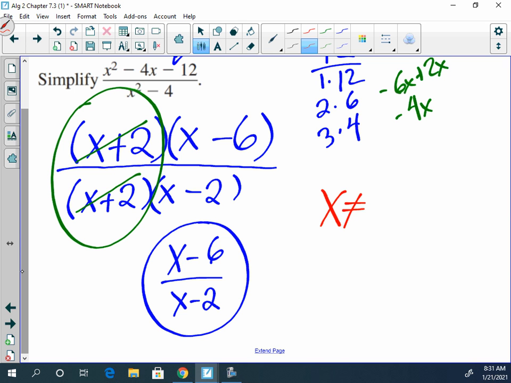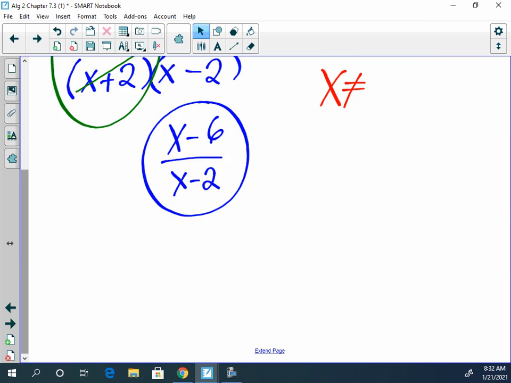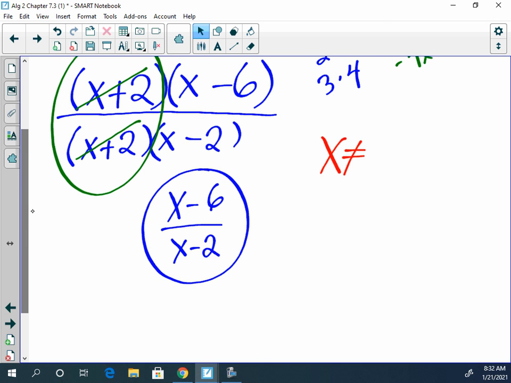Now, again, we said the denominator for these cannot be what? 0, right? Because that's been drilled into y'all's head time after time of dividing by 0, yes? When we look at this here, x minus 6 over x minus 2, this is the simplified form.